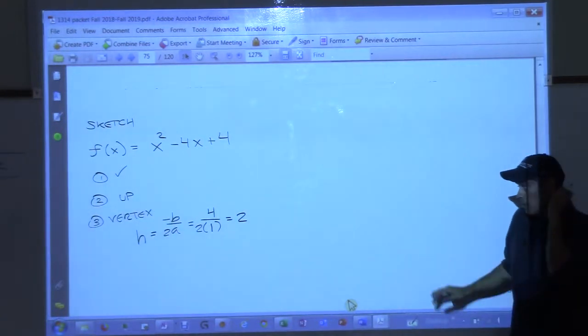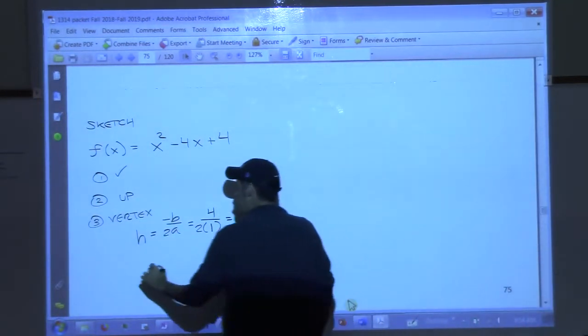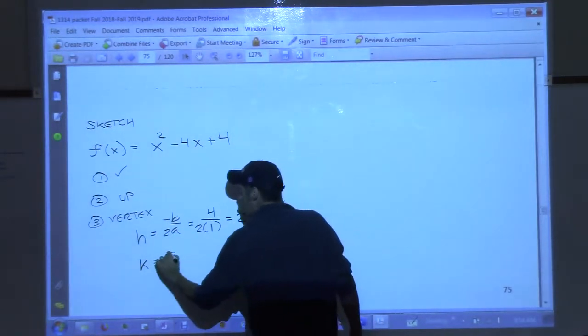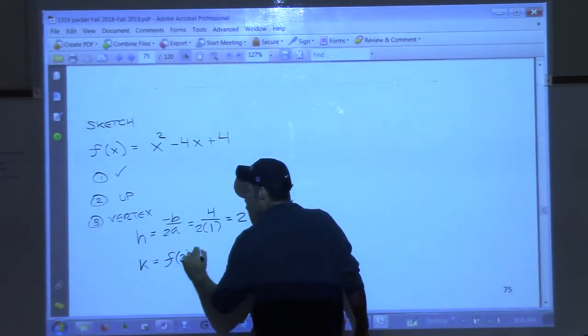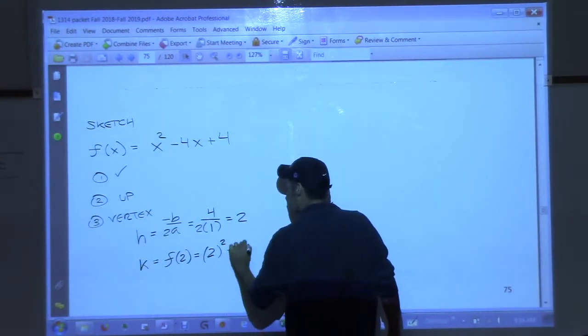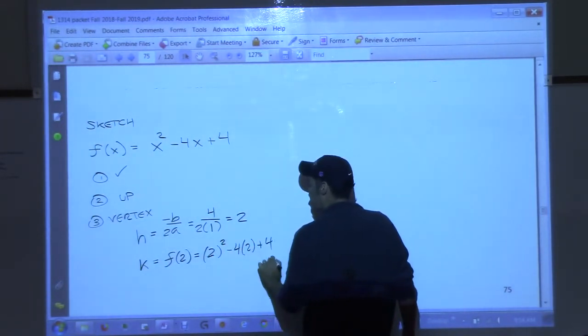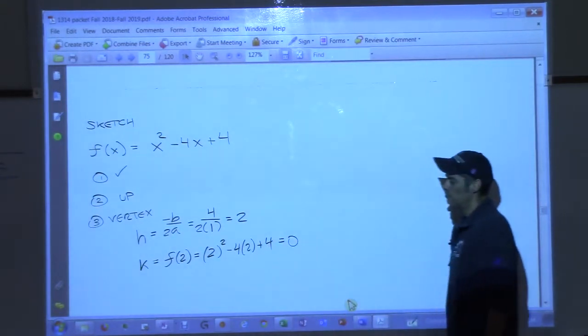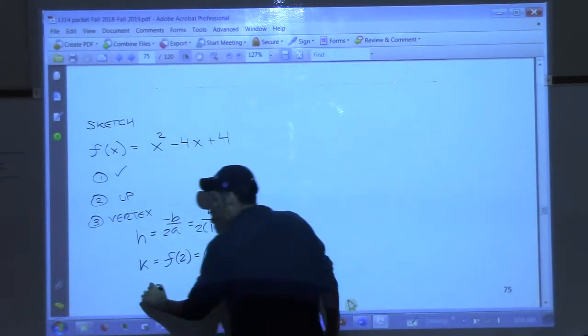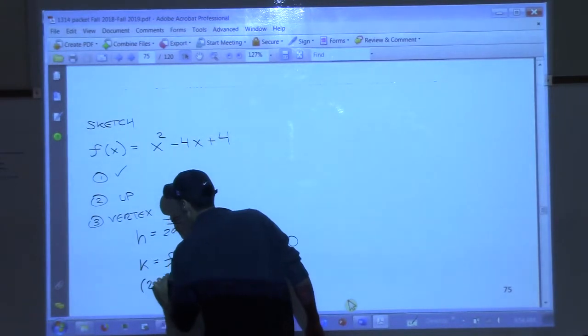What about k? Plug that answer into this, so we plug 2 into that. We get 2 squared minus 4 times 2 plus 4. It's 4 minus 8 plus 4, and that comes out to be 0. So our vertex is the point (2, 0).